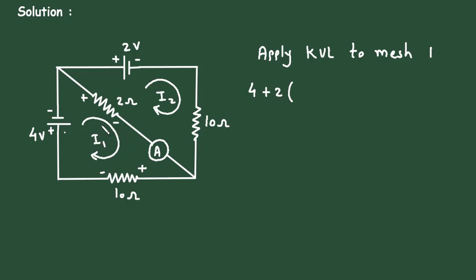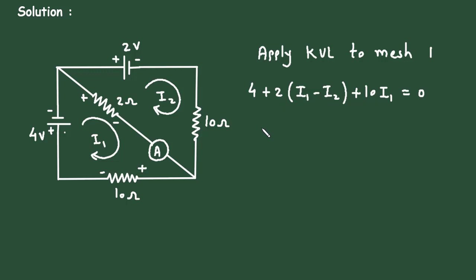So it will be I1 minus I2, because this 2 ohm is common in both mesh 1 and mesh 2. So it will be 2 times I1 minus I2, then plus 10 I1 is equal to 0. Now let's simplify this.